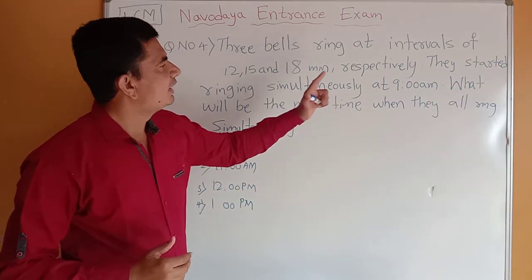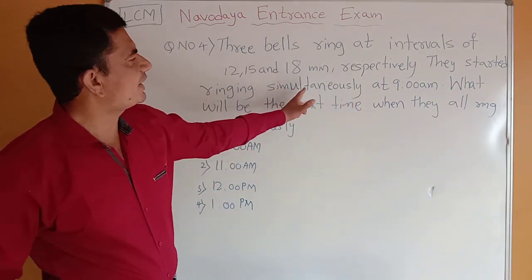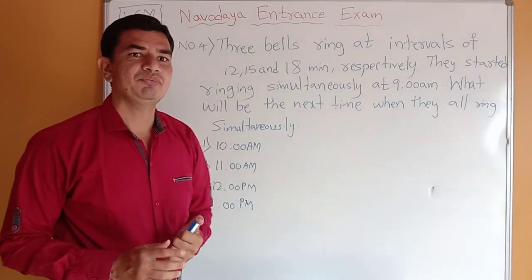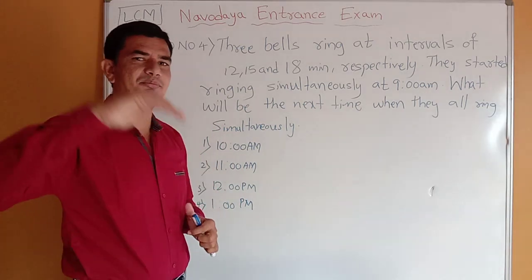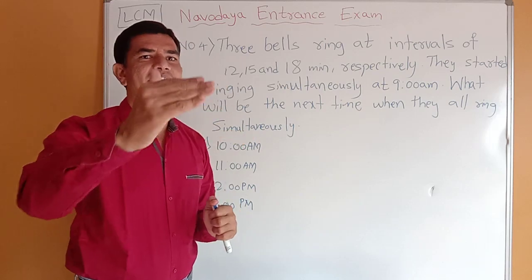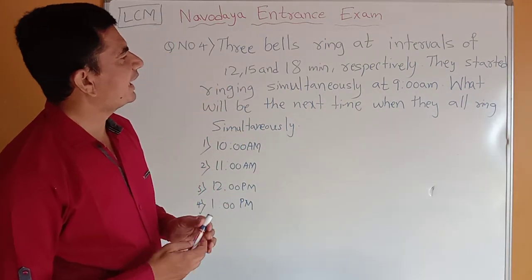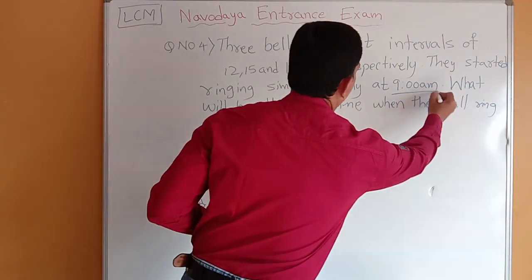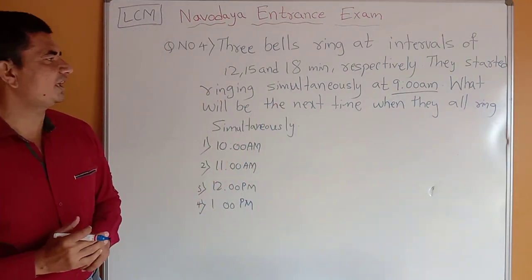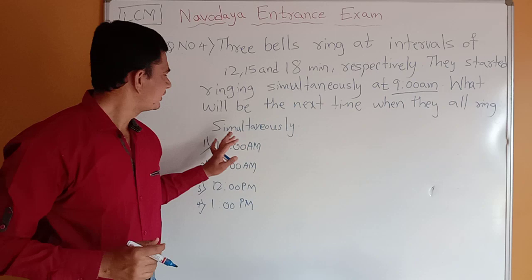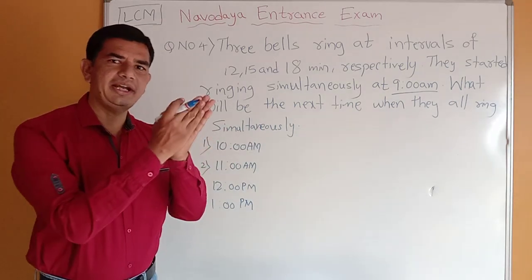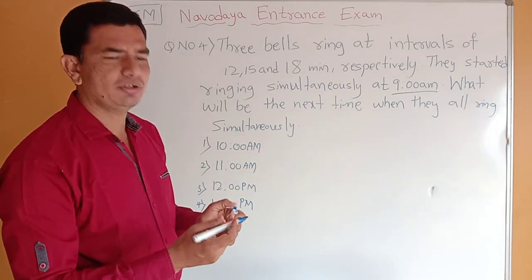They started ringing simultaneously at 9 a.m., which means after some time they will ring simultaneously again. At 9 a.m. they started ringing simultaneously. What will be the next time when they all ring simultaneously? Now 9 a.m. means morning 9 o'clock.